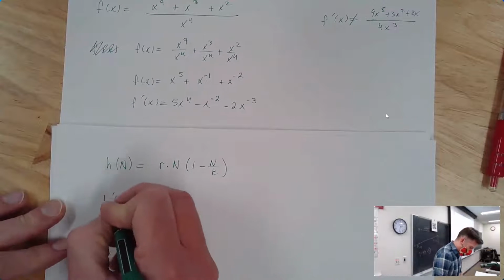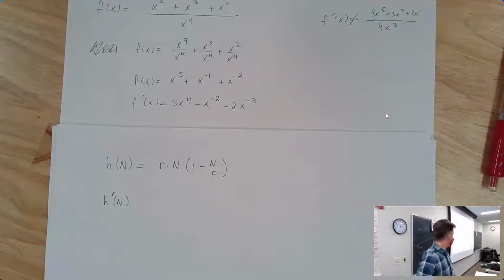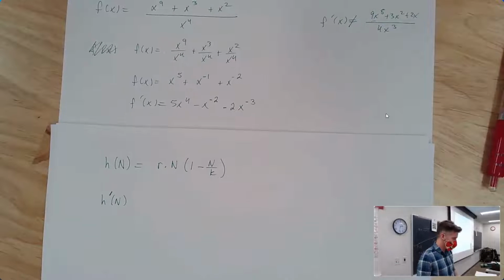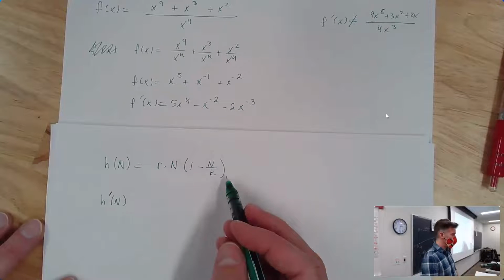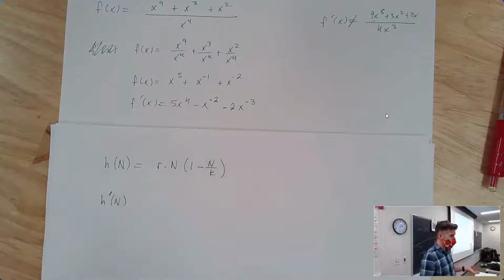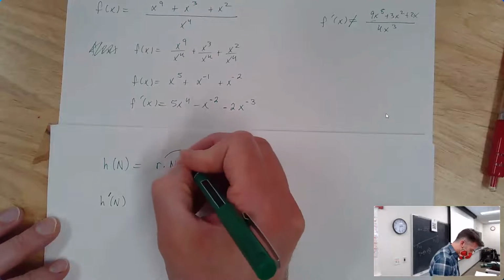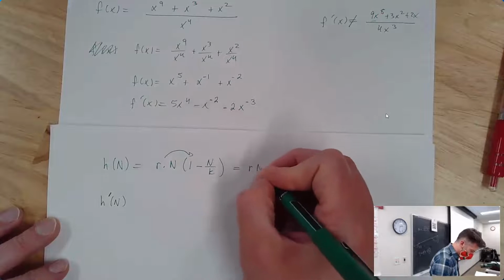Now, let me ask you all a question. What's my variable? It's n, meaning r and k are acting like constants. The things that the function is not a function of, those other letters, are always assumed to be constants. So I'm going to multiply this out. Rn times 1 is rn.